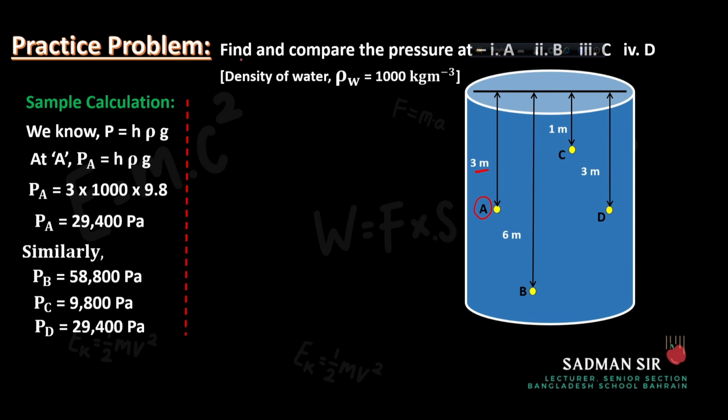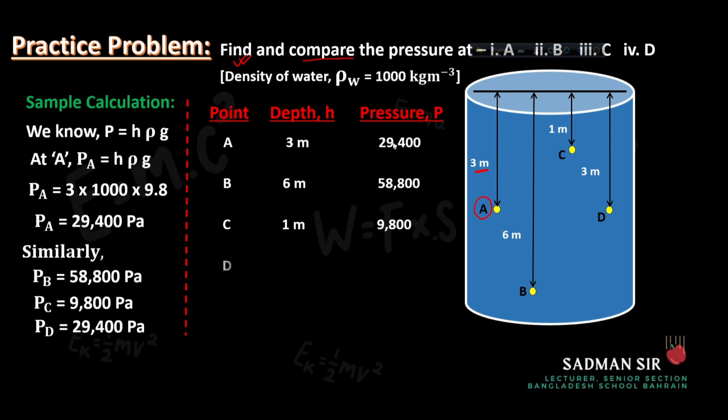Now, we already did the finding part, right? Now we need to compare it. So at point A, we saw that the point is at a depth of 3 meter from the free surface and the pressure is 29,400, and similarly I will list the information for B, C and D. The point I want you to notice is that when the depth was doubled from 3 meter to 6 meter, the pressure also became double.